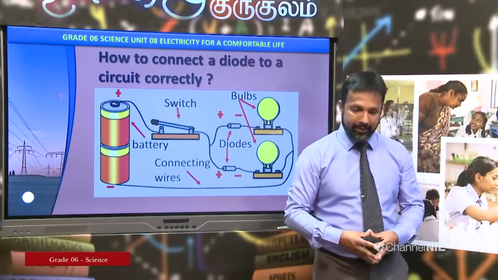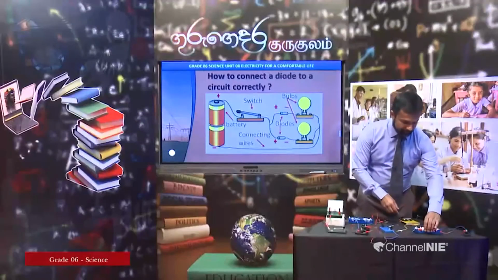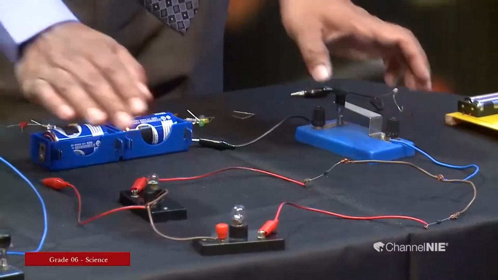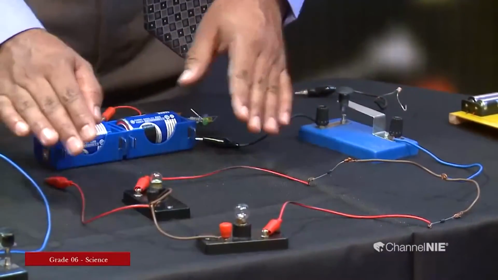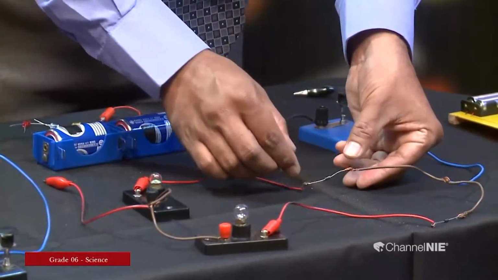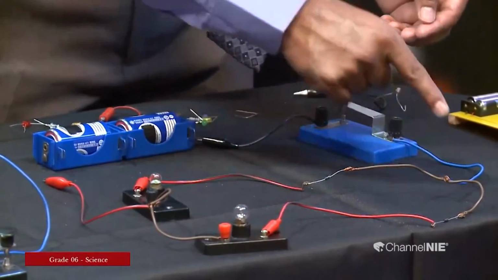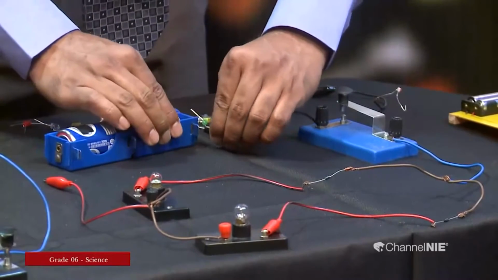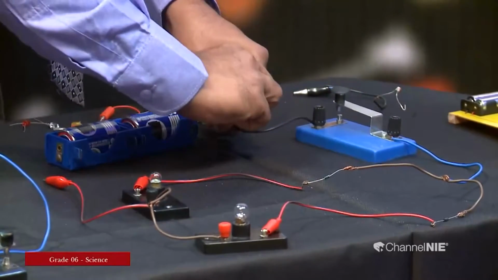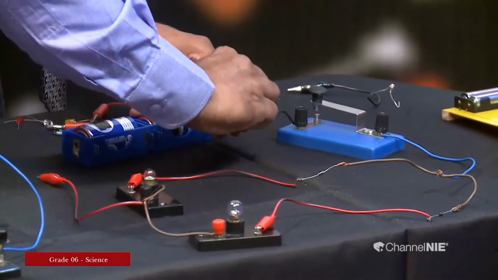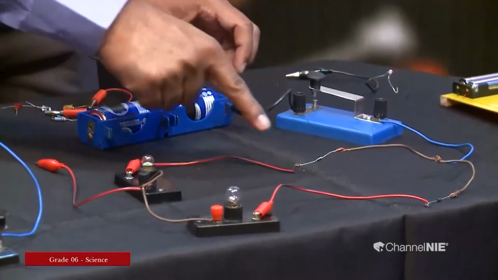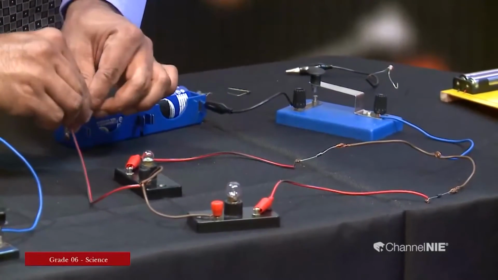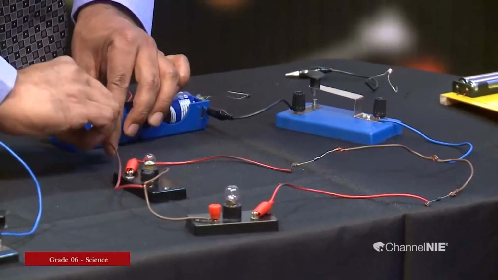Let's do this activity. Here I have connected two bulbs and a diode. I am going to connect the negative terminal of the diode to the negative side of the battery, and the positive terminal of the diode to the positive side of the battery.